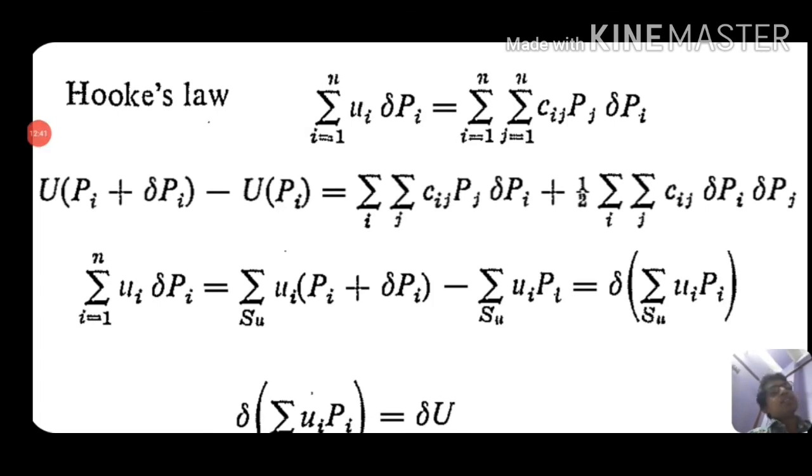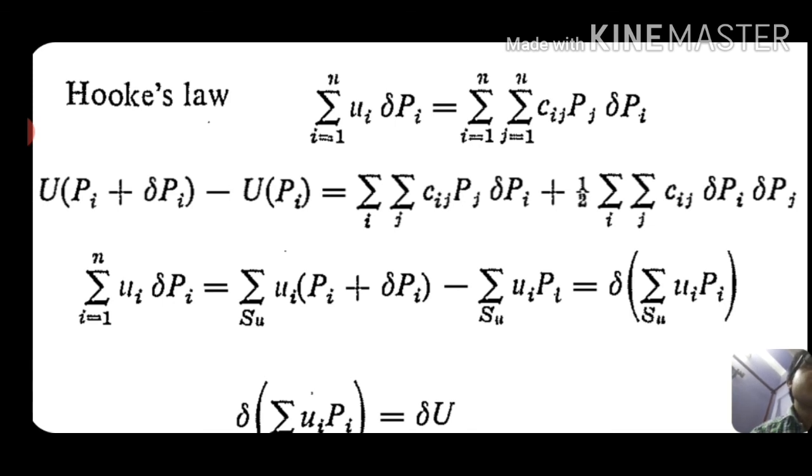Similarly, since delta Pi is 0 over Sp, we write the summation of Ui delta Pi equal to this one, the summation of Ui over Su of Pi delta Pi minus the summation over Sn, that is equal to delta of the summation over Su of Ui Pi. So delta U equals the work term, transposing terms.